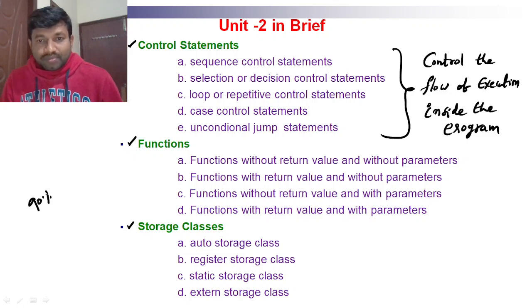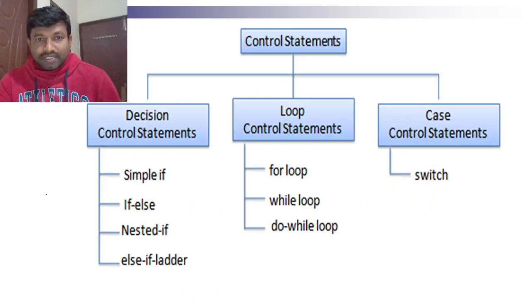So I request the students to attend these sessions related to Unit 2 concepts, control instructions, functions and storage classes, without missing any class. Then I promise you that by the end of Unit 2, you could write any number of programs on your own. So let us look at what these control statements are.